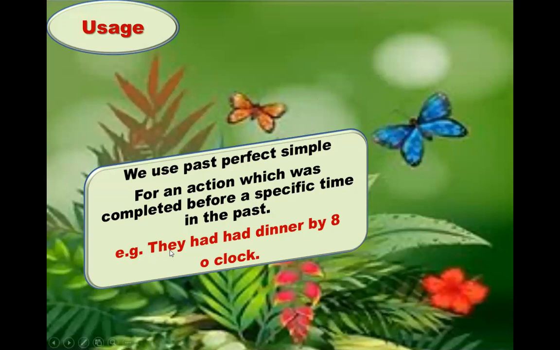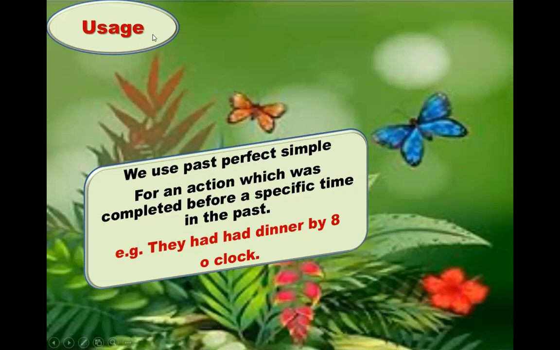Like this example, they had dinner by 8 o'clock. They had dinner by 8 o'clock means they had eaten dinner before 8 o'clock, or they finished their dinner before 8 o'clock.